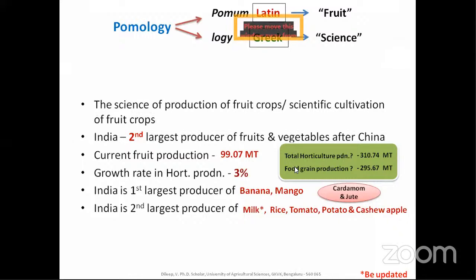Here, why have I put the star mark on milk? Because until 2 years before, India was the pioneer in milk production. But now America, the USA, is number one in milk production. So this is what I said, you should be updated.